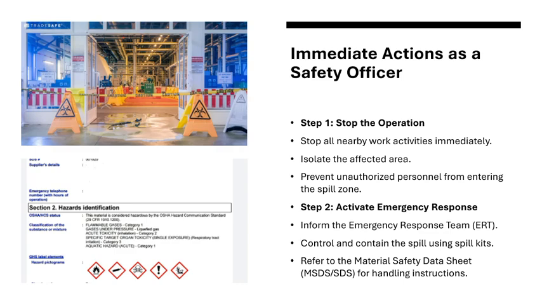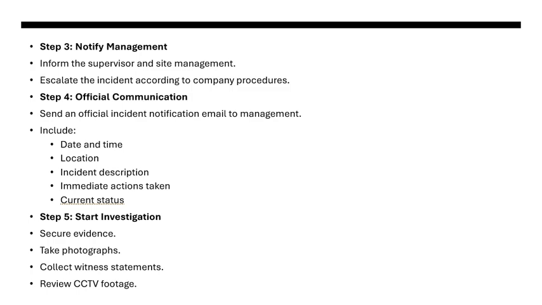The third thing is the MSDS. The ERT team must check the MSDS to see what type of chemical it is and what the controlling measures are. The third step is to notify the management: inform the supervisor and site management, and escalate the incident according to the company procedure.